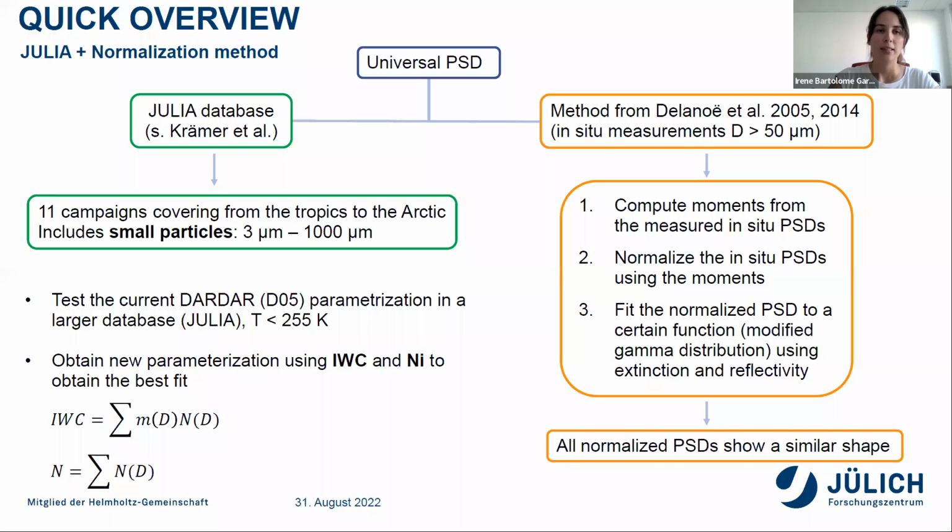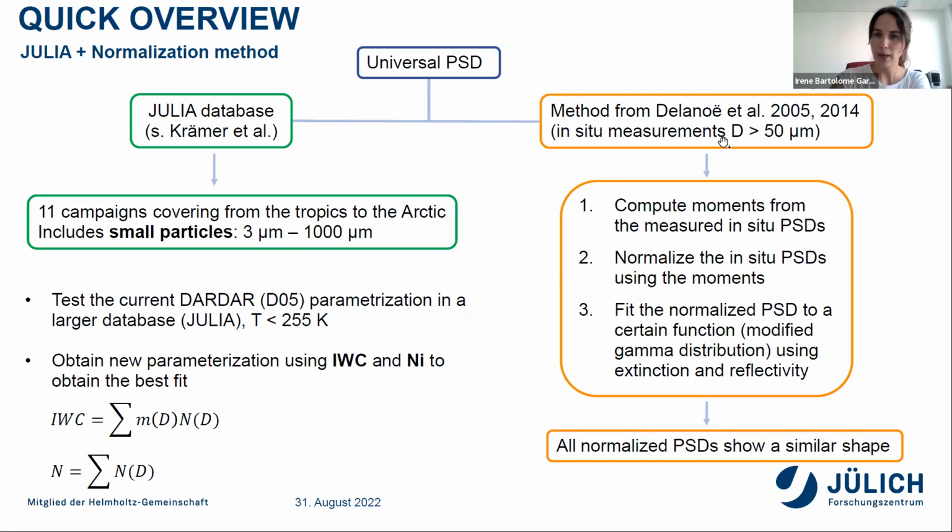So now I think it's time for the recap. Because of all the information, what we want to do is obtain a parametrization that also allows us to obtain better results for number concentration. For that, we are using, on one hand, the Julia database that includes the very small particles. And we are applying to this database the normalization method from Delanoë.